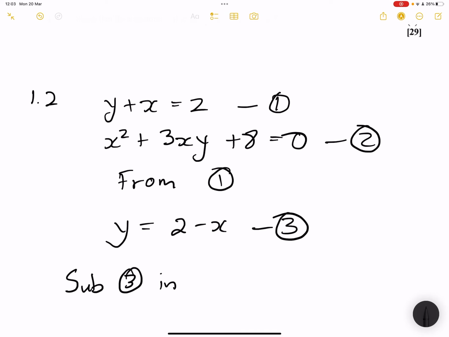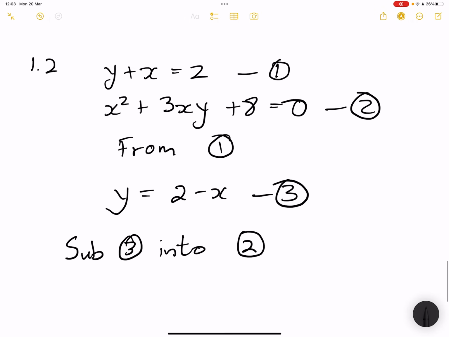into equation 2. So it means everywhere I see y, I am actually going to just substitute 2 minus x. So this is going to be x squared plus 3x times 2 minus x plus 8.